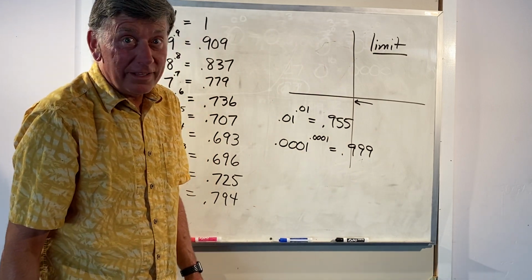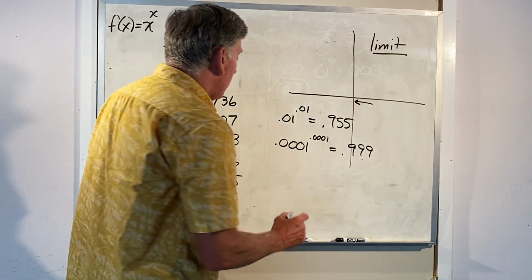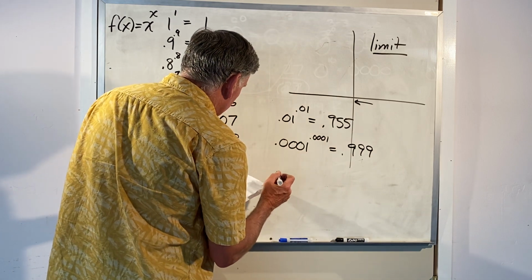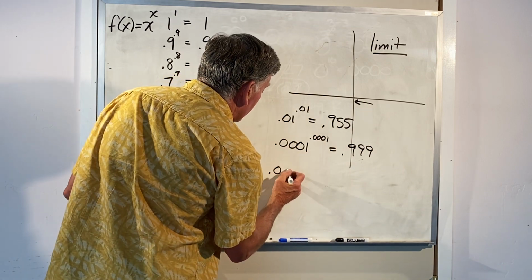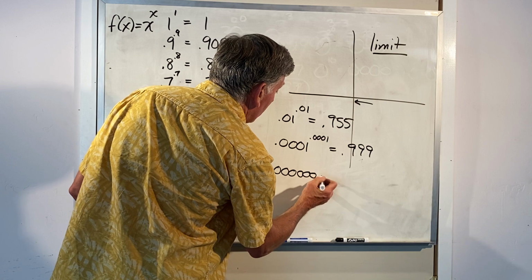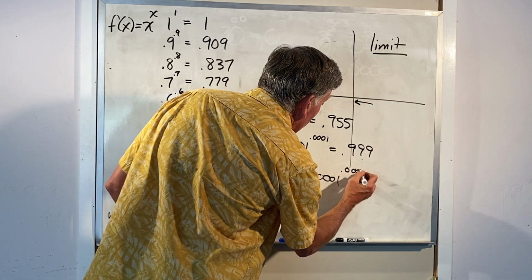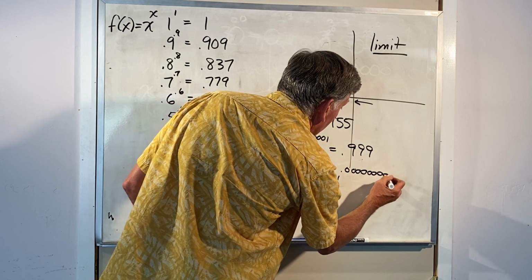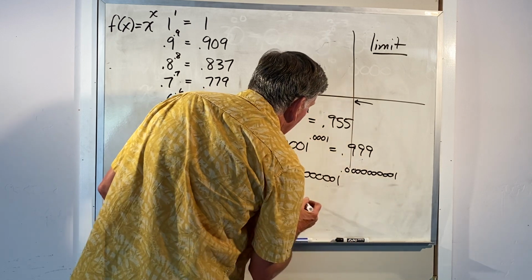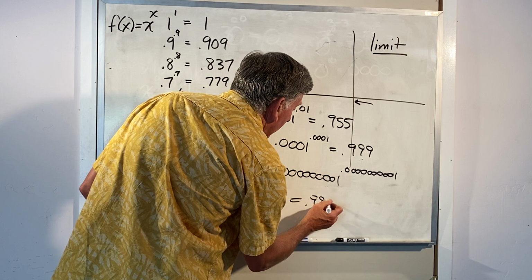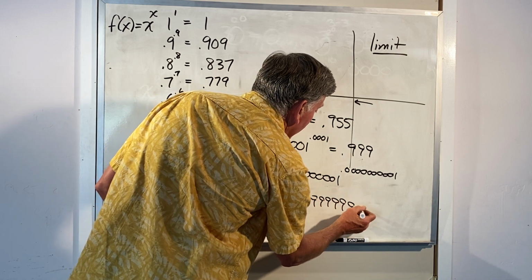It looks like 1 is where I'm heading. If I go, and I did with 9 zeros, 0.00000000001 to the 0.00000000001 power, I get 0.9999999.